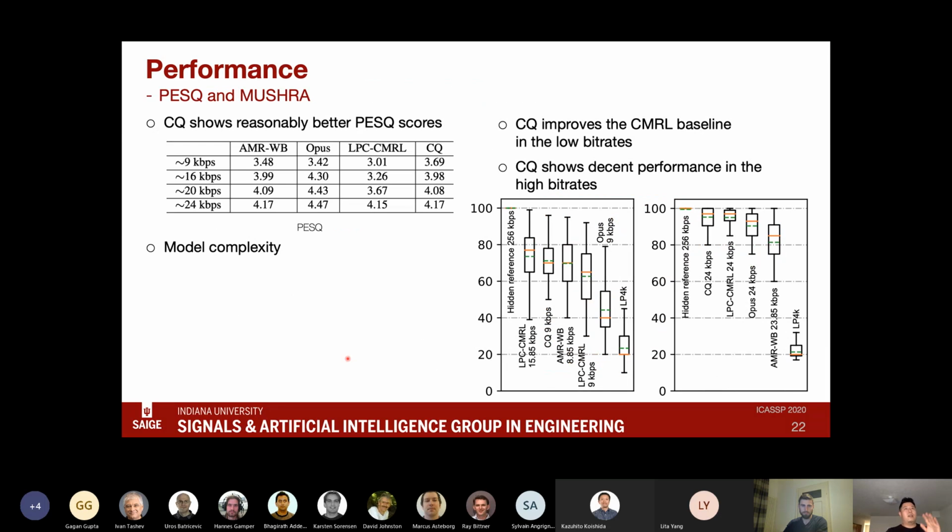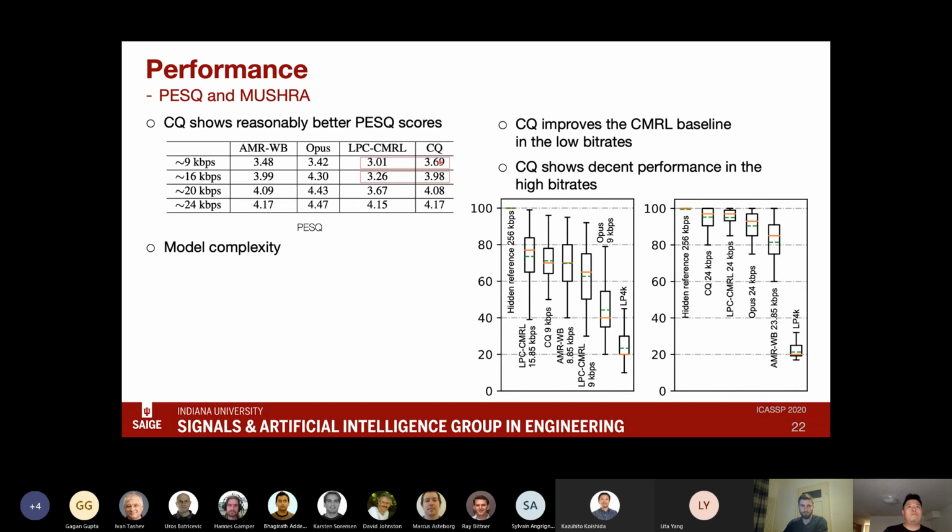In fact, in the PESQ score, we could see that CQ has a noticeable margin against LPC CMRL, where we just add LPC as a deterministic preprocessor to the neural network. You see from here, the PESQ score is hugely improved for 9 kbps, 6 kbps, 16 kbps.